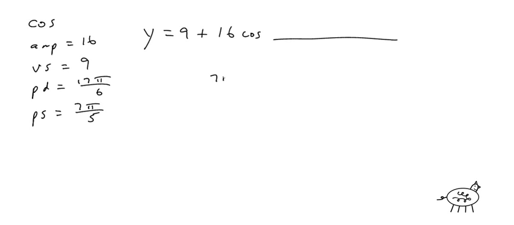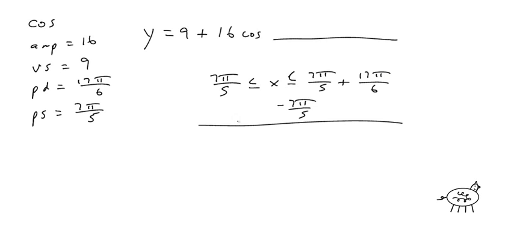Phase shift is 7 pi over 5 less than or equal to x less than or equal to, remember you add those together, so 7 pi over 5 plus 17 pi over 6. Okay, first thing I'm going to subtract 7 pi over 5 from all sides, and I get 0 less than or equal to x minus 7 pi over 5 less than or equal to 17 pi over 6.